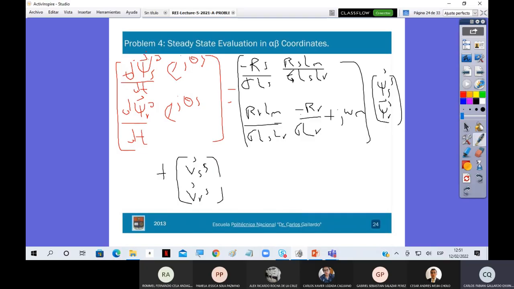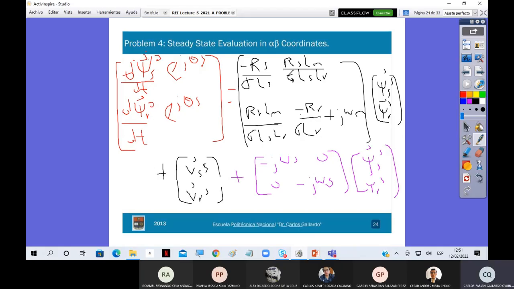Okay, so I will get this term plus, I will have minus j, this is the speed, 0, 0, times the stator flux space vector, and the rotor flux space vector.